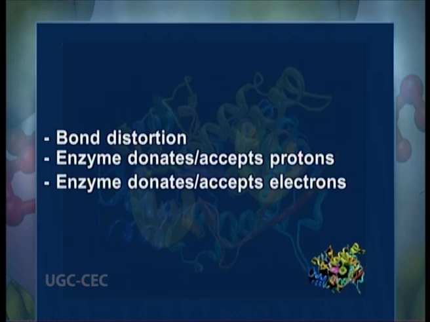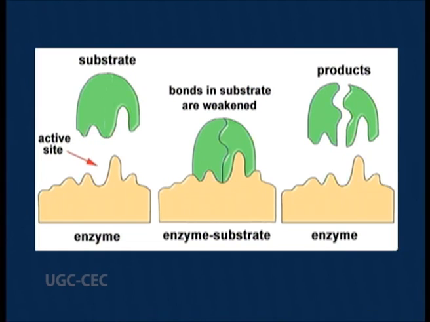Three mechanisms by which this occurs are bond distortion, enzyme donates or accepts protons, enzyme donates or accepts electrons. Temporary bonds between substrate and enzyme form transient enzyme substrate complex. Intermediate step in catalytic event, product then released, enzyme reverts to initial conformation.